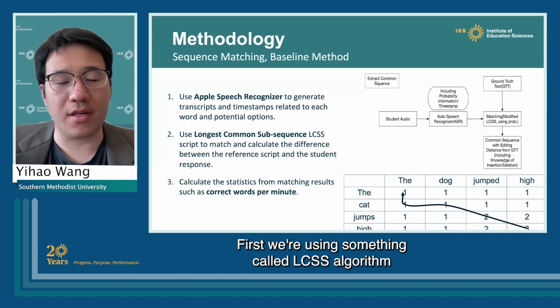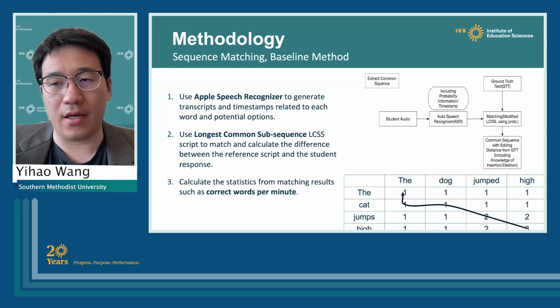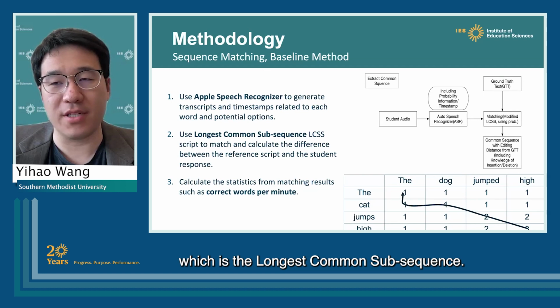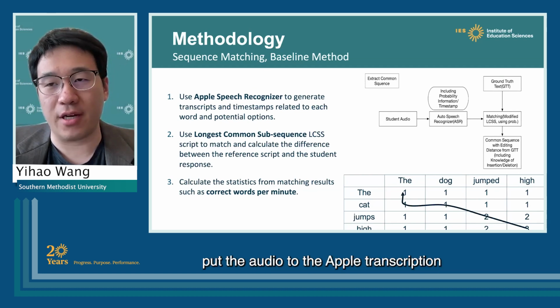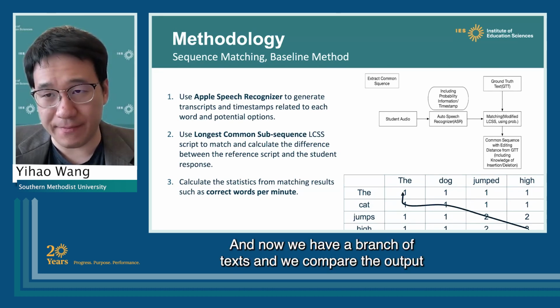First, we use something called the LCSS algorithm, which is the longest common subsequence. We put the audio through the Apple transcription to get the transcript of that passage, and we retrieve the time information and what word is spoken.